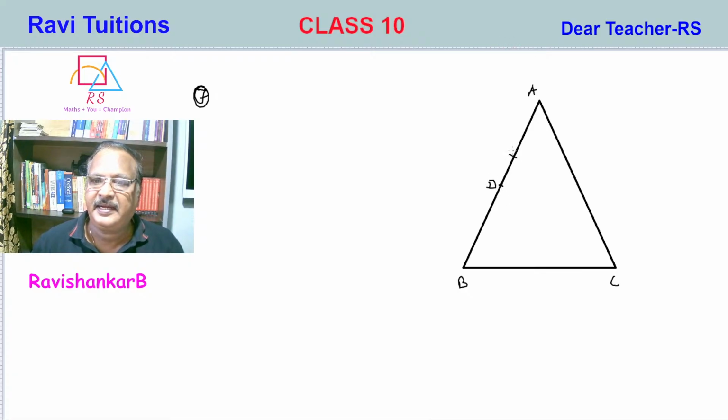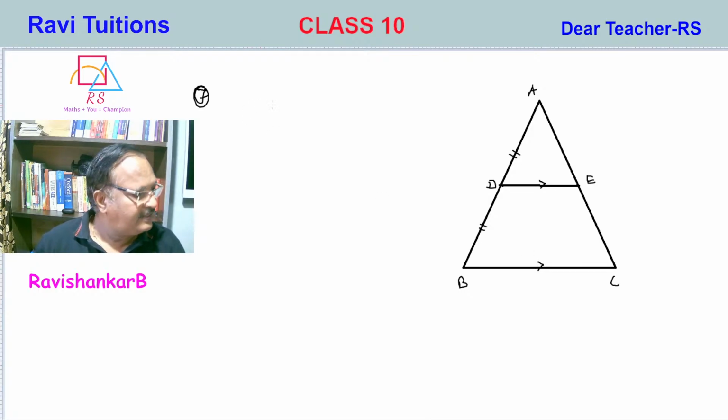That means AD is equal to BD. Through the midpoint of one side drawn parallel to one side. Let us draw a line parallel to one side, that means BC. So this line is meeting AC at E, and this line is also parallel to BC. Two things he has given.